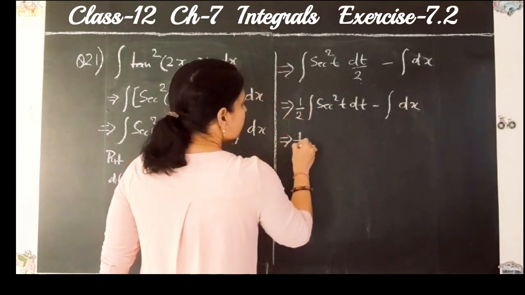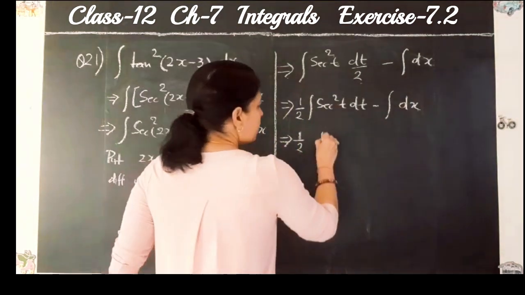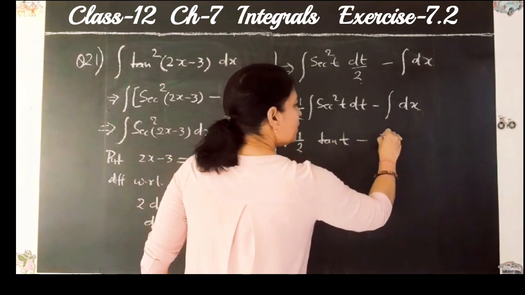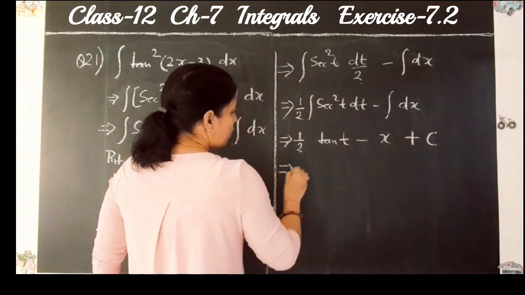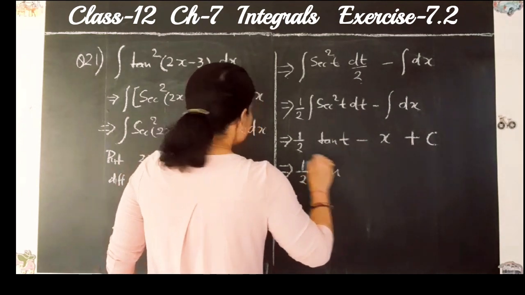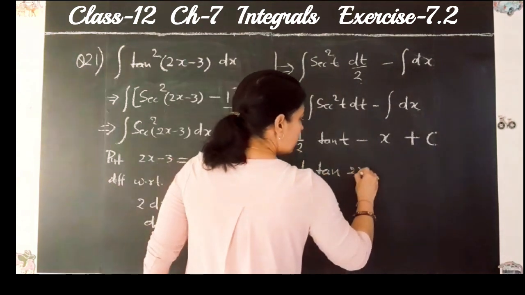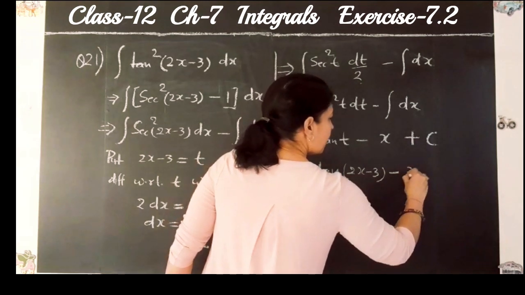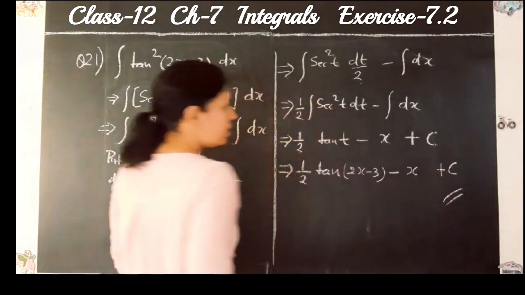Right here 1 by 2. When we integrate sec square t, we get tan t. So right here tan t minus, here it will be x plus write a constant c. Put the value of t, 1 by 2 tan t is equal to 2x minus 3. So put here 2x minus 3 minus x plus constant c. So this is your answer.